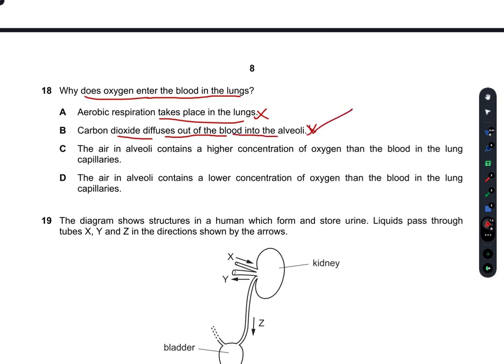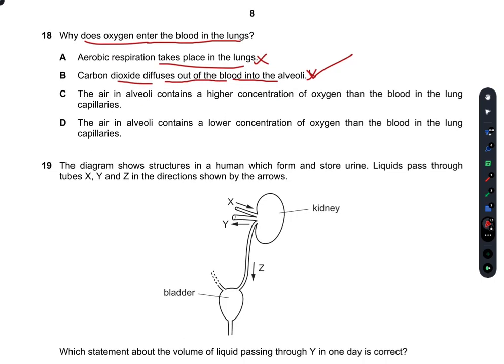Yes, it does, but that is not a reason why oxygen enters the blood. The air in the alveoli contains a higher concentration of oxygen than the blood in the lung capillaries.